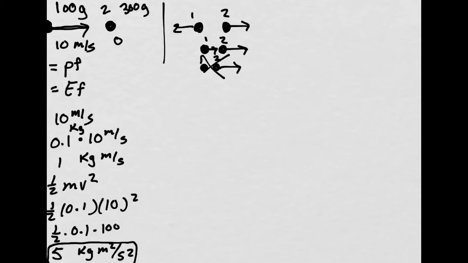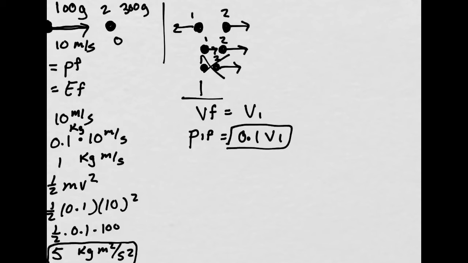Ball 1 has an unknown velocity. The final is just going to be V1. So its momentum, P1 final, is equal to 0.1 V1, its mass in kilograms times its velocity.